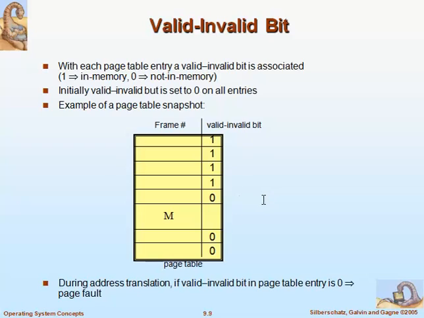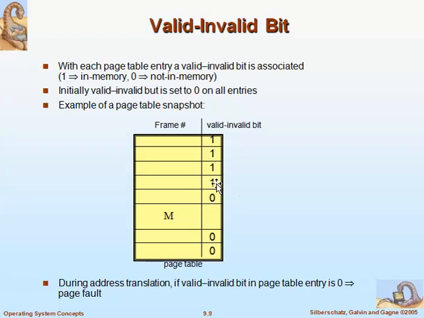Now, during address translation, whenever there is a page request from the logical memory that we want to map to the physical memory, we check the particular page number, and before getting to the frame number, first we will check the valid invalid bit.